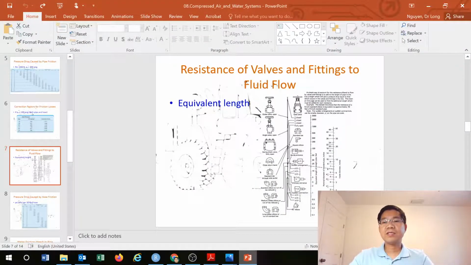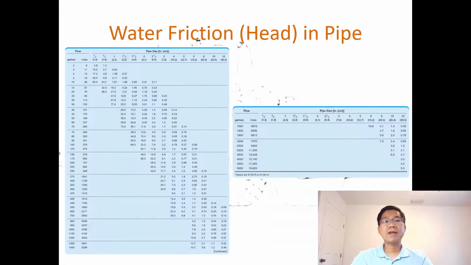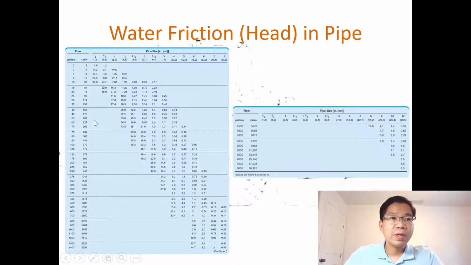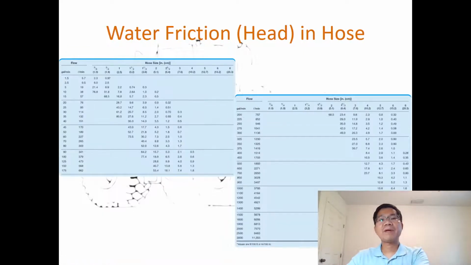So first, as you can see, we use the same figure to determine the equivalent length, that is figure 9.4, and then go to the friction head loss in pipe. So use table 9.7, and that is a function of what? First the flow, gallons per minute, and then what is the pipe size. So it's similar to the compressor, but use a different figure for water in pipe.